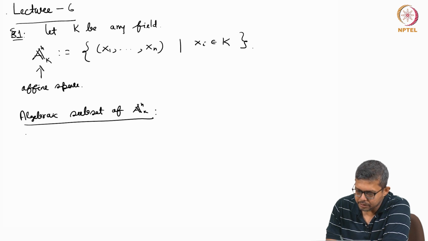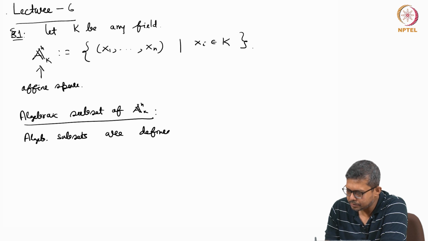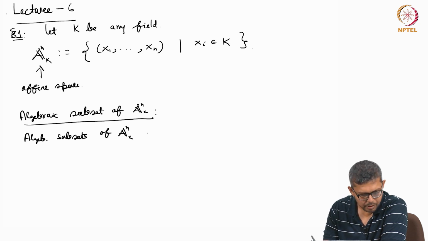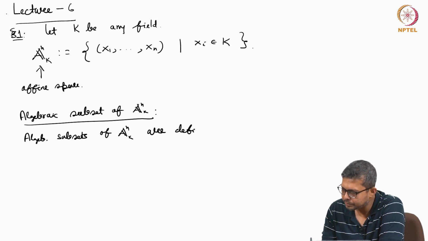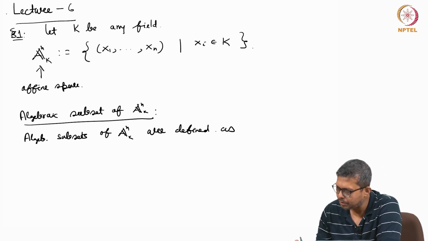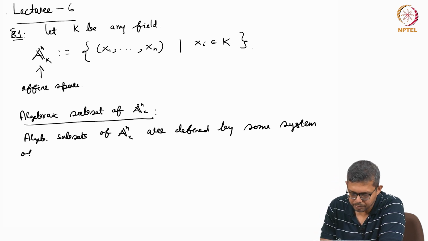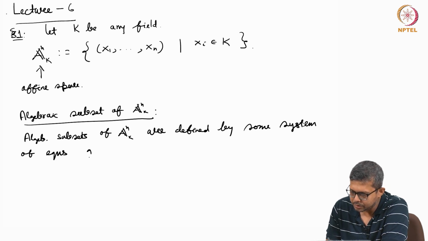The algebraic subsets of A^n(K) are defined by some system of equations.